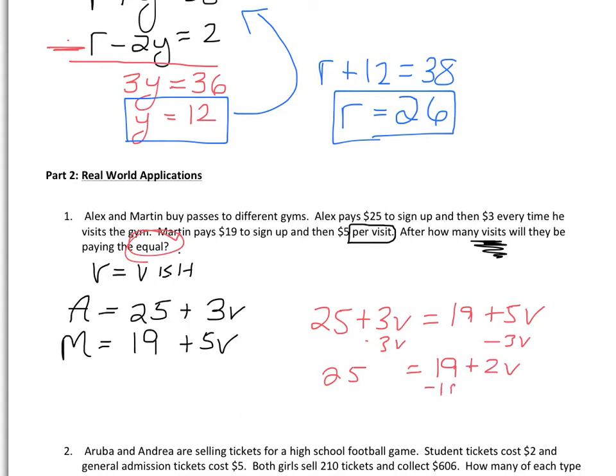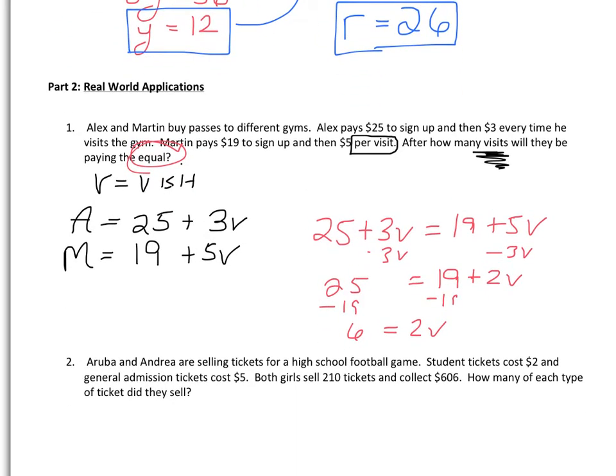Subtract the 19 over, so 6 is equal to 2v, or v is equal to 3. So it'll take 3 visits for them to pay the equal amount. And that's all they're asking for, just how many visits. So we're done.